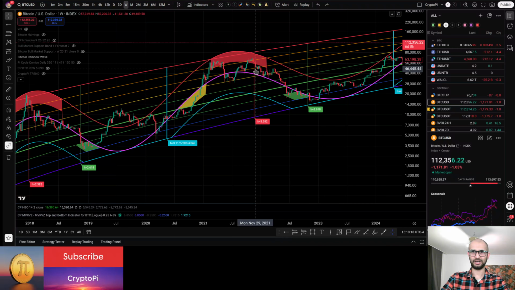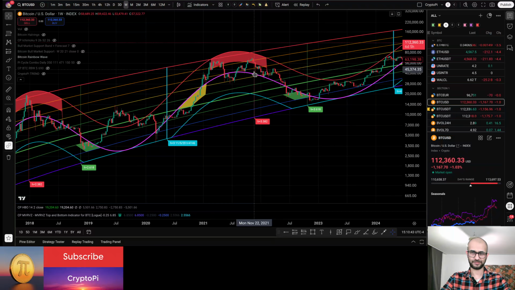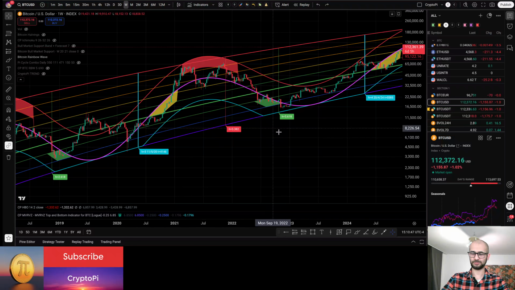It could have if the H line was a bit far away, but apparently these H lines are directly related to the halving of Bitcoin, and depending upon the halving, the whole Bitcoin cycle, these Bitcoin waves are created. And to me, it seems like it's a very good approximation of identifying the tops, or the region where the cycle top could occur, and the region where the cycle bottom could occur.